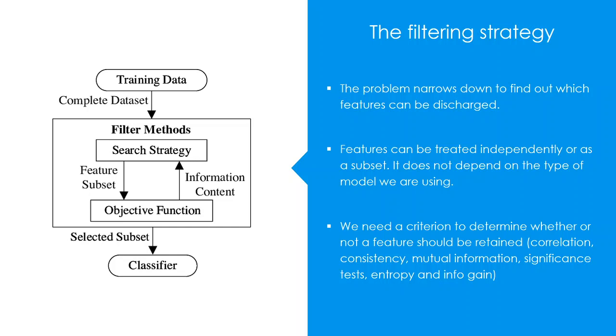Some measures we can use are, for example, the correlation coefficients, the consistency coefficients, the mutual information, the significance tests, and also measures based on entropy, such as the information gain, which, by the way, is one of the criteria used in the construction of decision trees. And finally, the result of this process is the selected subset of features, which are the features we are going to use in order to build the classifier.